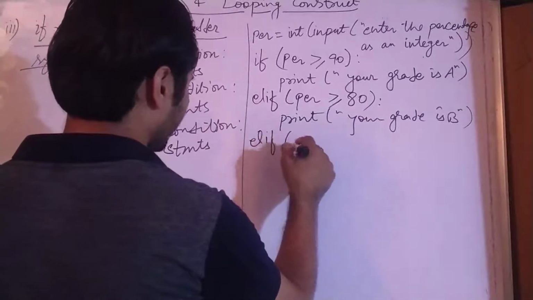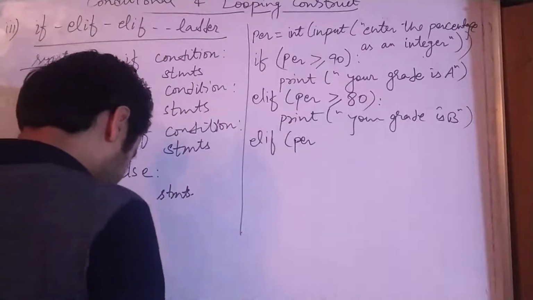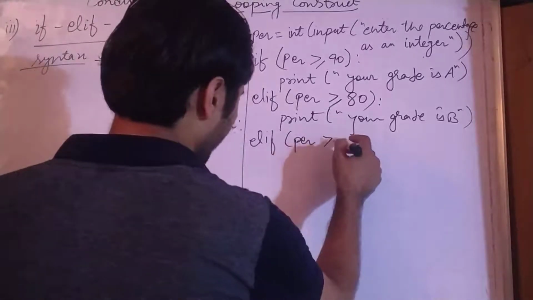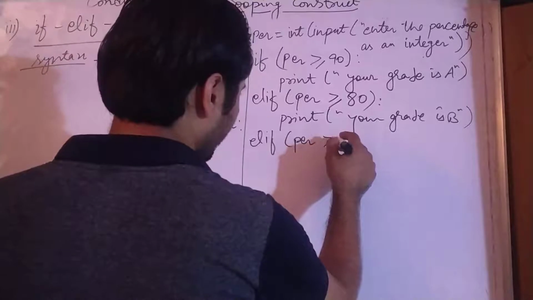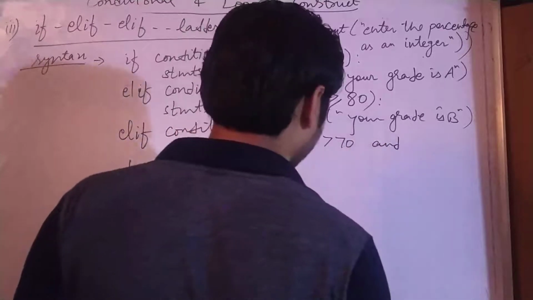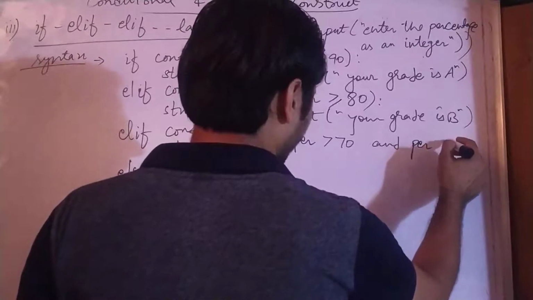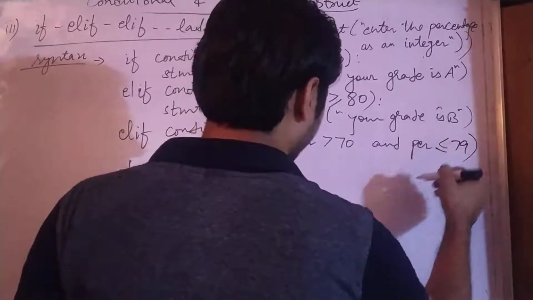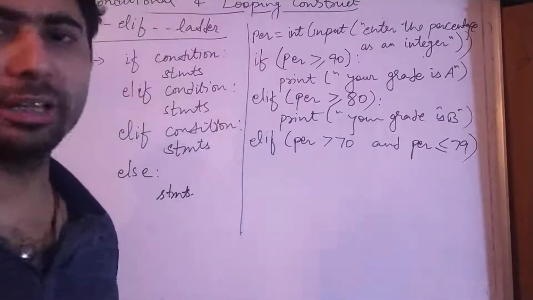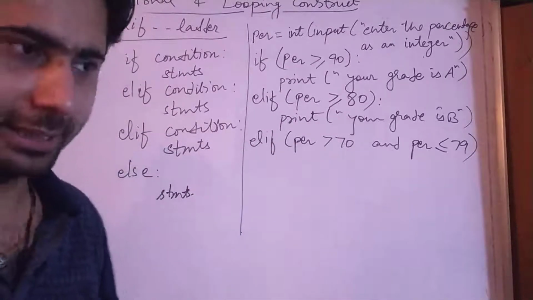if percent is greater than 70 and percent less than equals to 79. It is up to you how you set the percentage and set the grade according to the percentage.